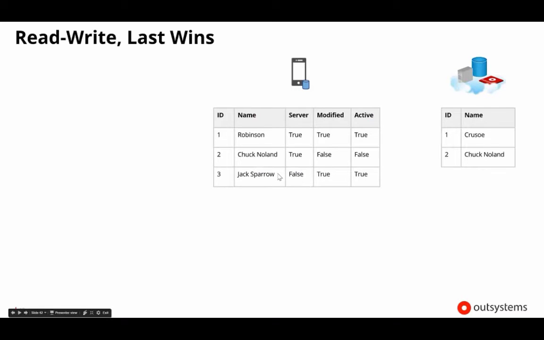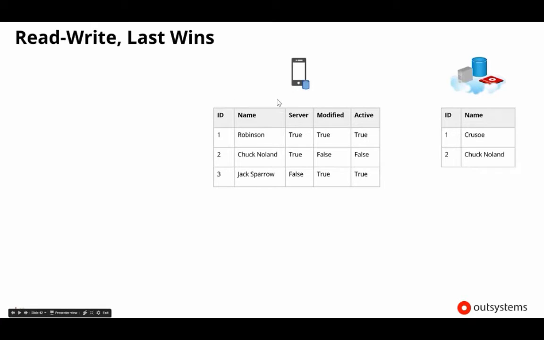Being false means that this row has been created in the device and not on the server, so it only exists locally in this device for now. Modified means the data has been modified since it was received from the server, and active is the same field as the soft delete that we talked about in the previous case, but now on the device and not on the server.